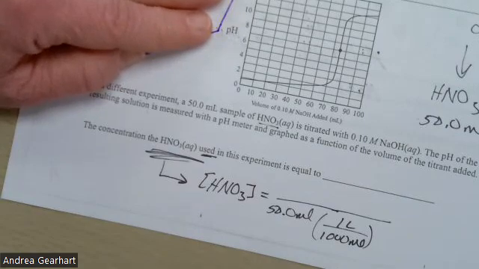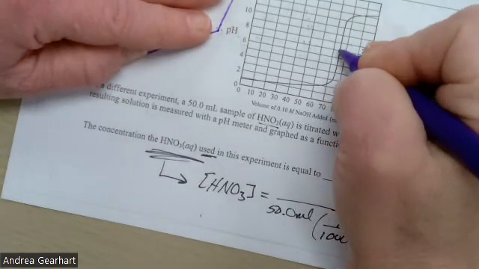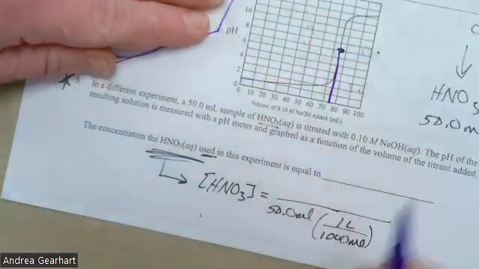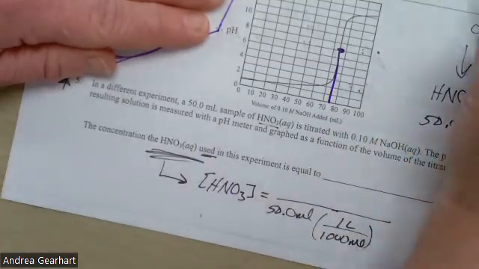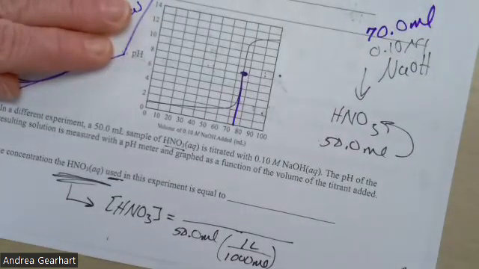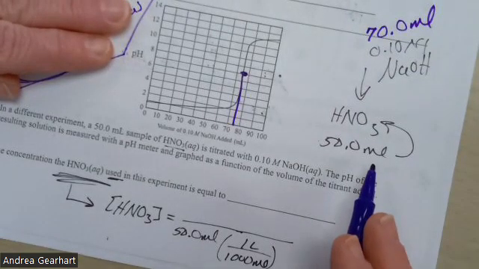The equivalence point is at 75 milliliters. And look, they even put a big old dot there. Keep going. You know that the HNO3 is higher here.